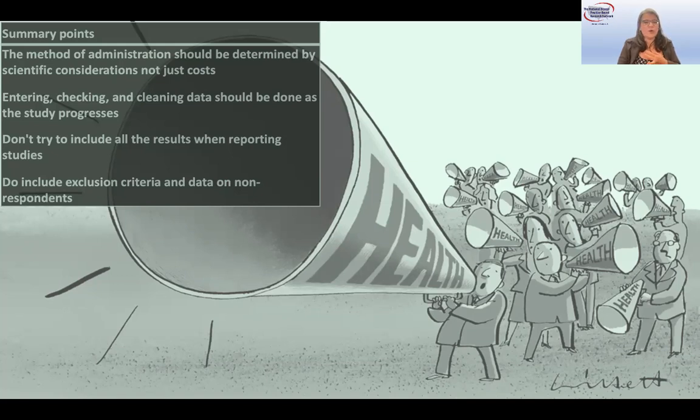Don't try to include all the results when reporting studies. Be very mindful of what you are including in your questionnaire and also what you are reporting. Do include exclusion criteria, how you select your sample, and data on non-respondents, so that I can have an idea of what kind of bias we are dealing with in a survey.